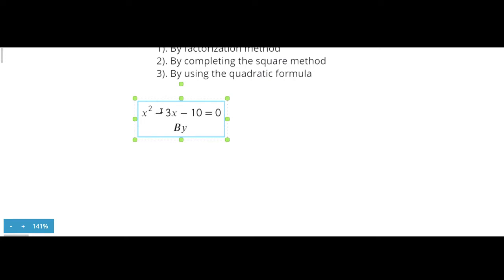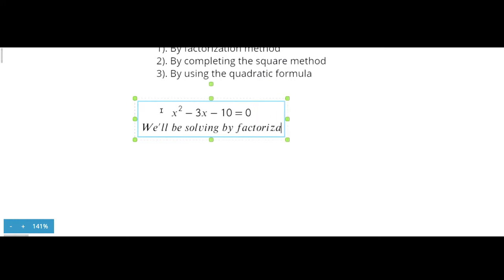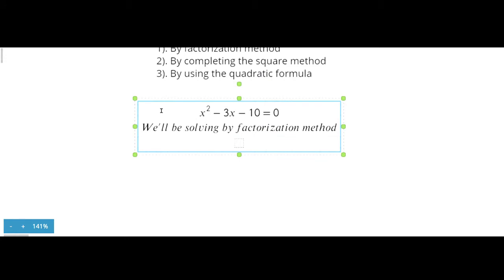We'll be solving it by the factoring method or factorization method. Ideally, we will try to identify the coefficients of the first term and the last term. The coefficient of the first term is 1 and the last term is 10.